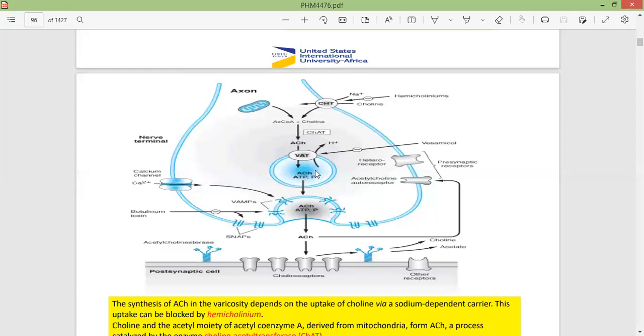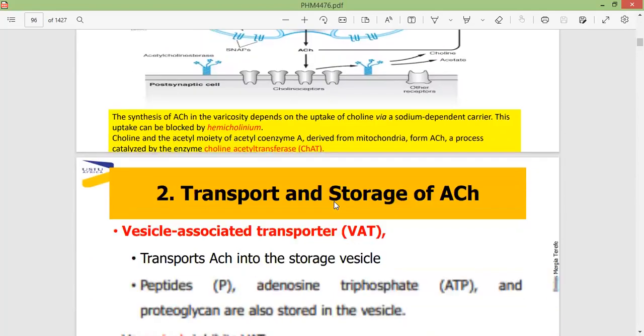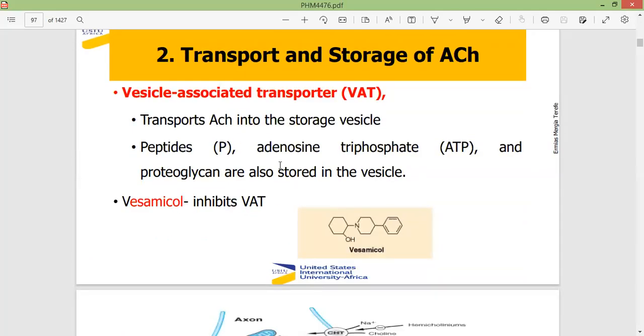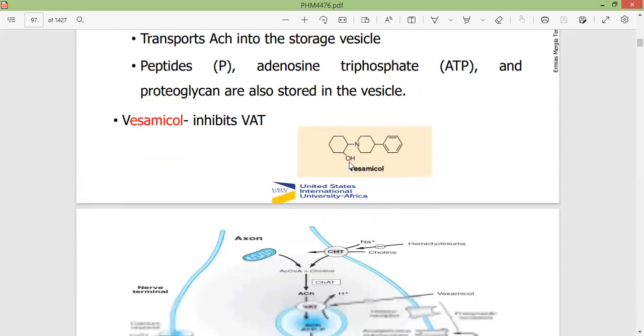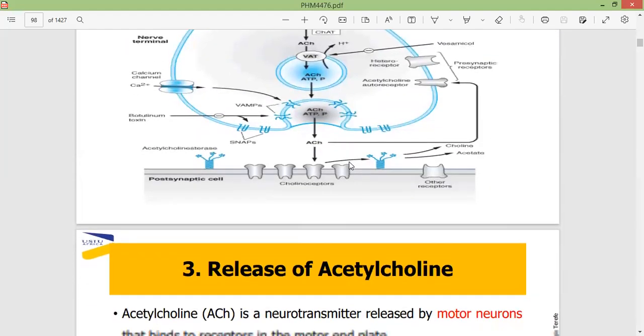It won't be inside a vesicle to be released in case of an action potential. So transport and storage, we already looked at that transporter. It transports acetylcholine from the cytosol into the storage vesicle, and there's a drug that can inhibit that.